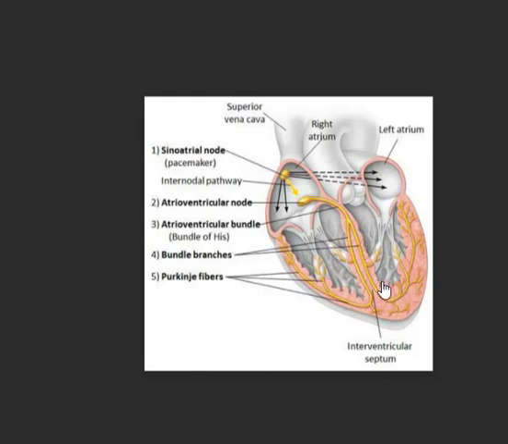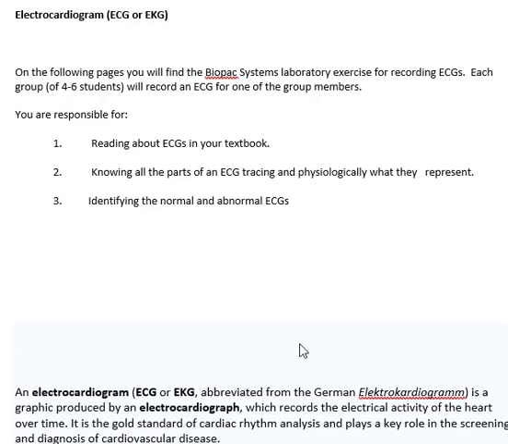There's your bundle branches branching off of the bundle of His, going to the left and to the right, and then they curve up and branch out into the Purkinje fibers. That's why I showed you another picture so you can see the word Purkinje fibers. So those are the 5 things that you need to know about the electrical system of the heart.